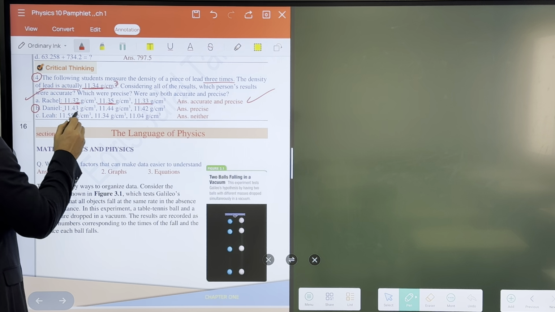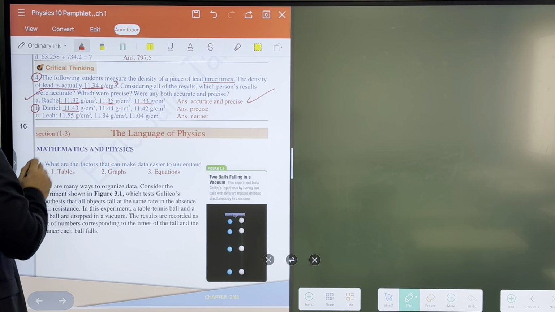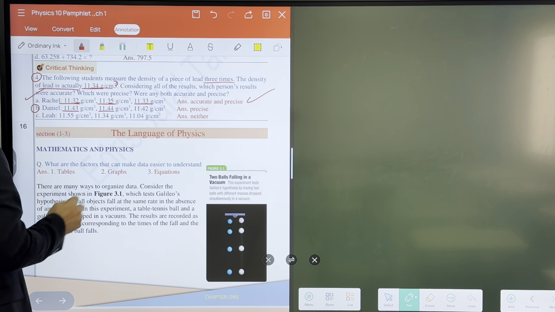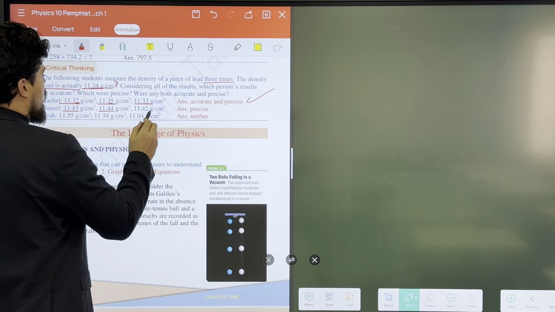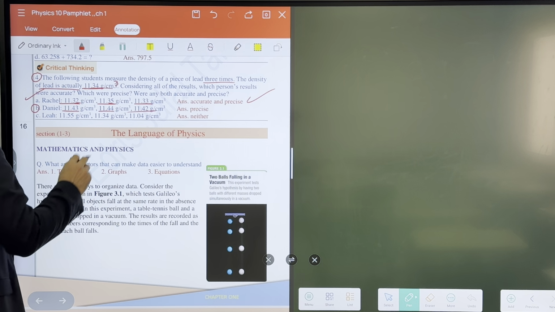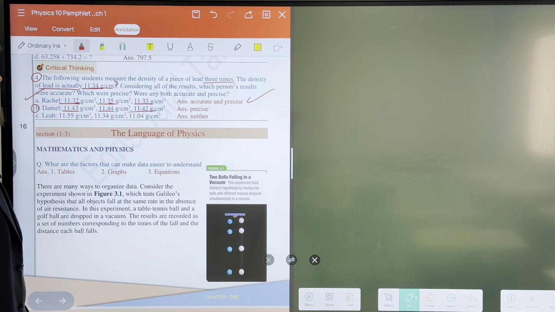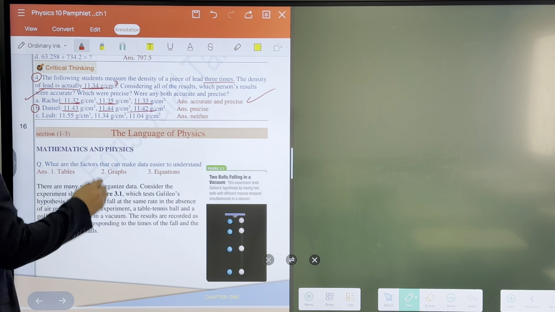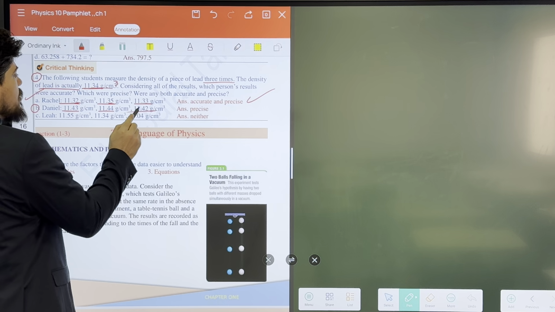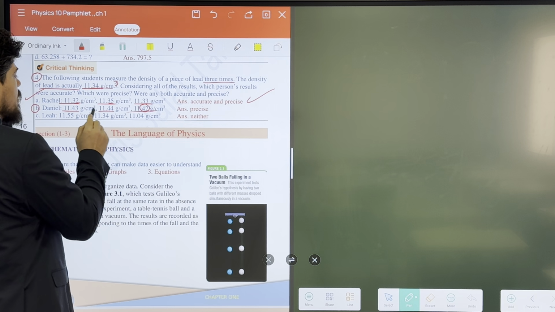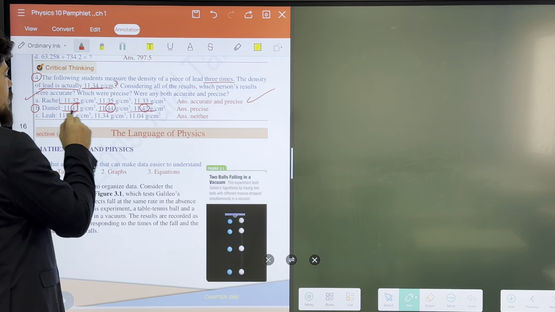B, Daniel, 11.43 is close to the 11.34? No. 11.44 close to the 11.34? No. 11.42? No. So this is not accurate, because these 3 measured values are not close to the real value, but it is precise. Why precise? Because after the decimal we have 42, 43, 44.